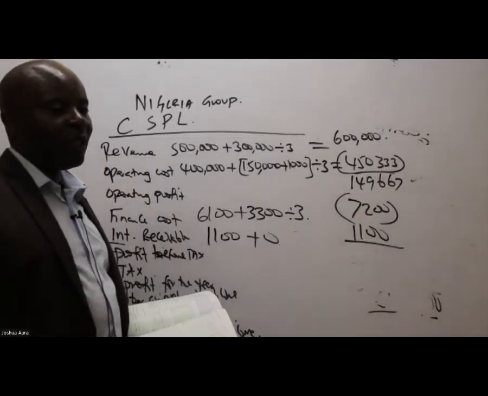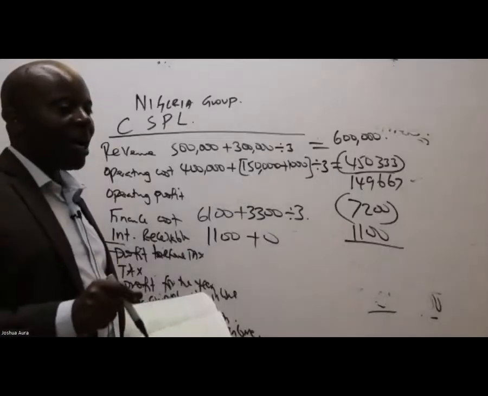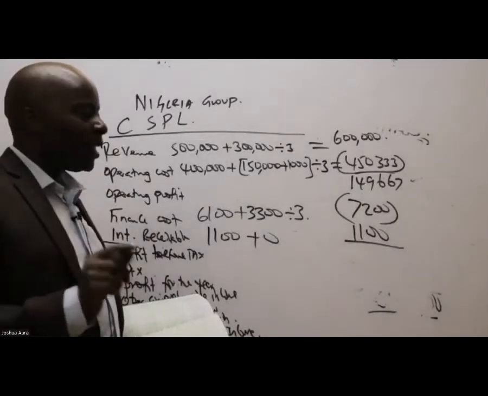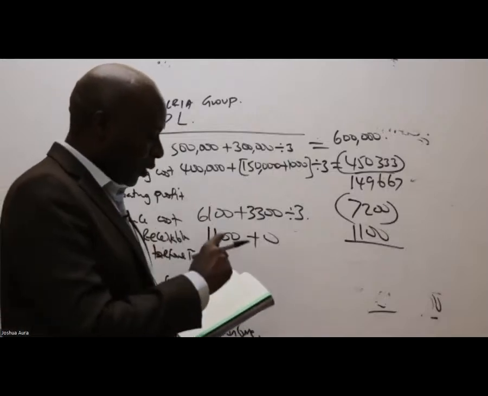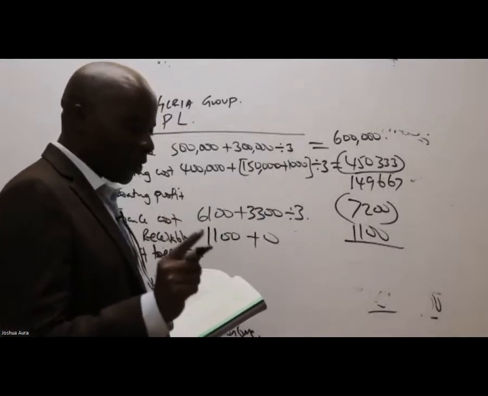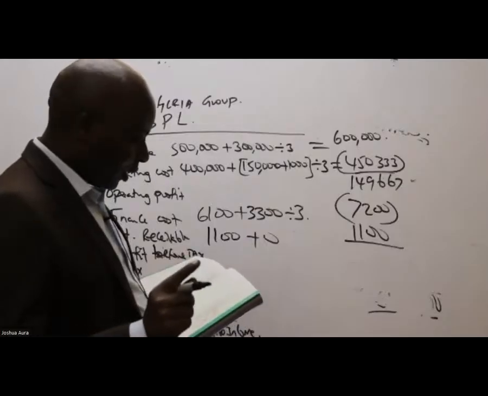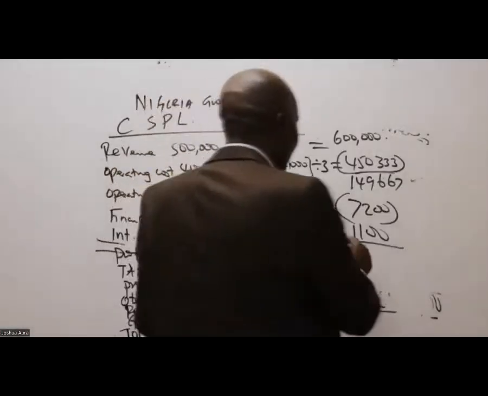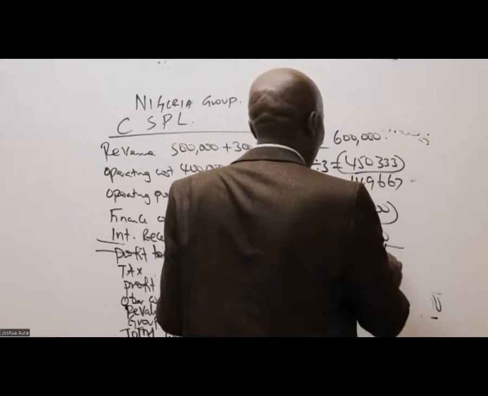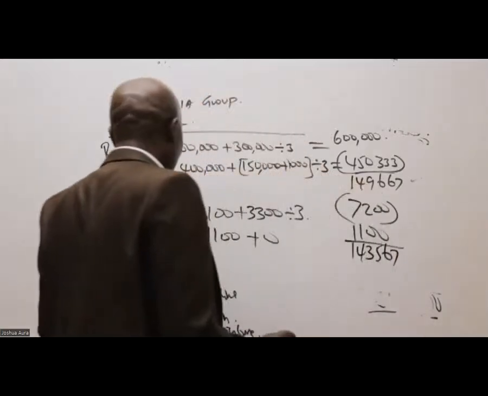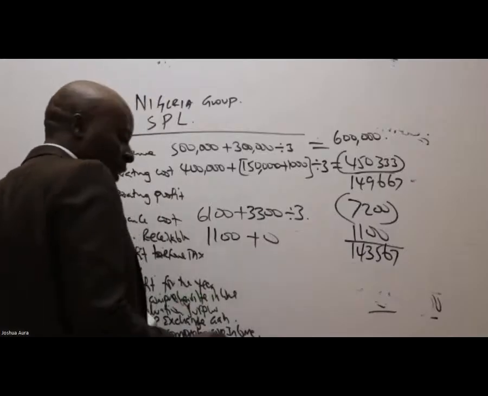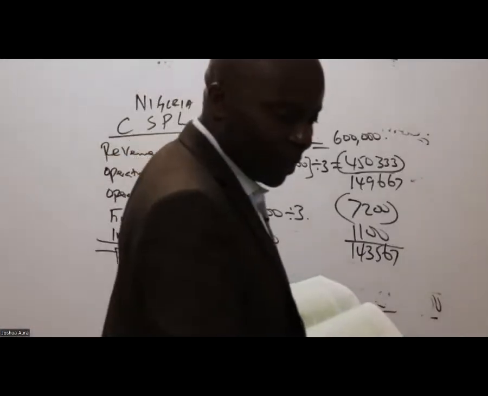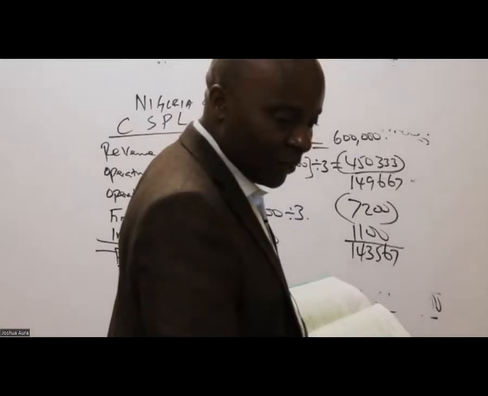For those of you who did this exam last semester and failed, I'm so sure you misinterpreted the question of foreign subsidiary so seriously. 143,567. And then we have now the tax.